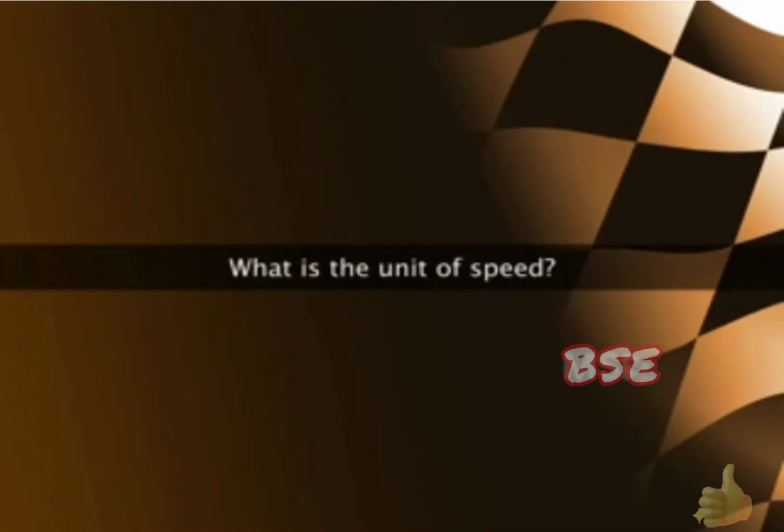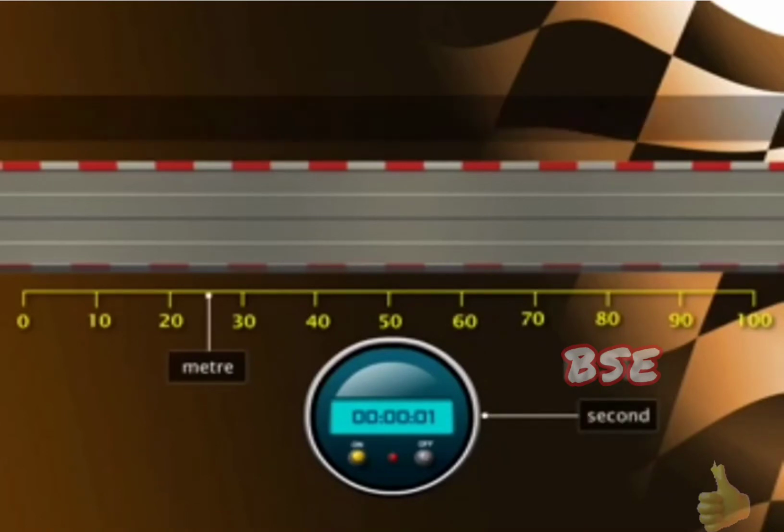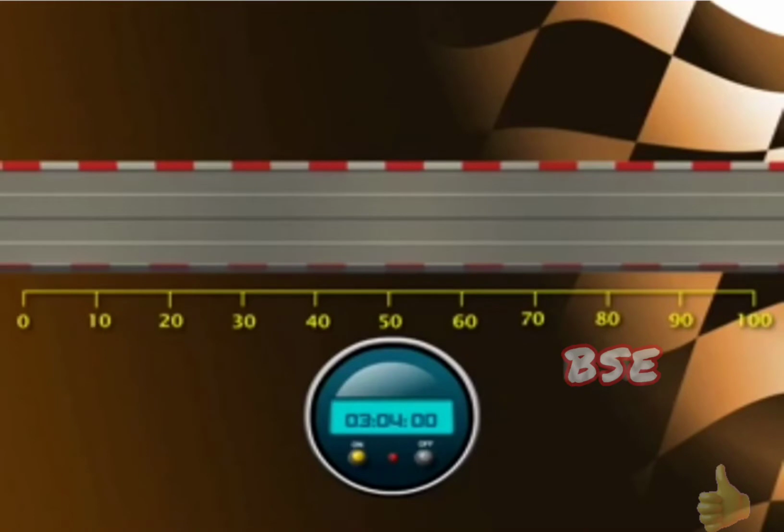So what is the unit of speed? The SI unit of length or distance is meter, and that of time is second. Therefore, the SI unit of speed is meters per second, or m/s. Note that the unit of speed depends upon the units for distance and time.